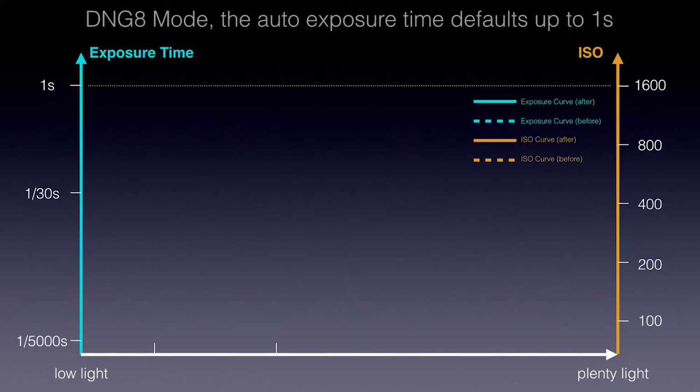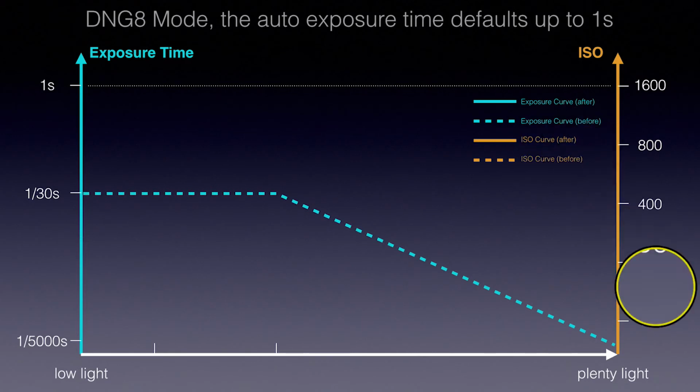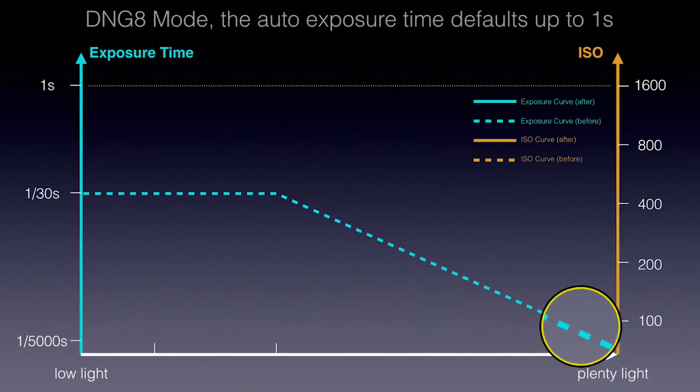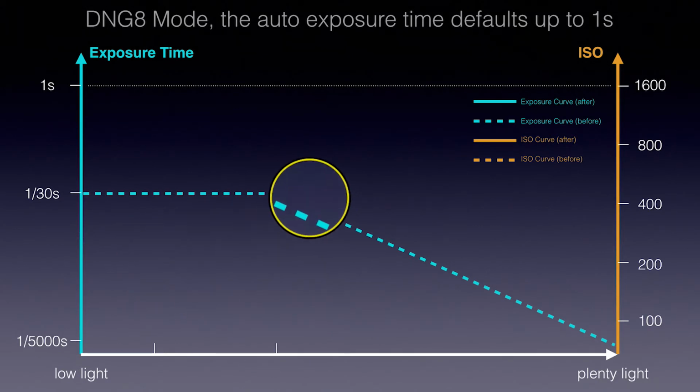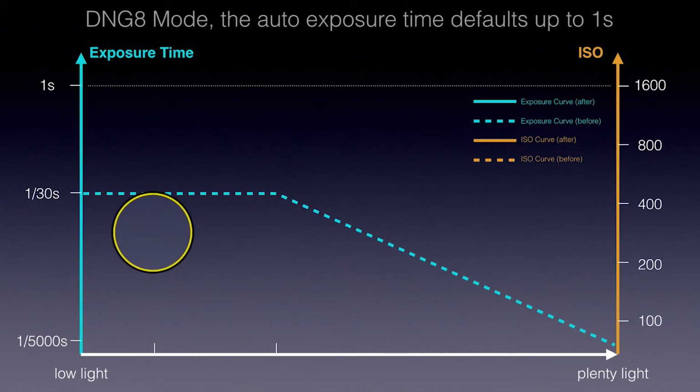Before this V70 firmware upgrade, this is the criteria of the exposure time. When there's plenty of light, you have a very fast shutter speed, until the light goes down to this point. Now it reaches the limit of the 30th second, and after that, even if the situation is darker, the exposure time will never change.